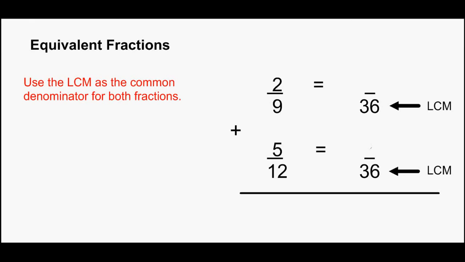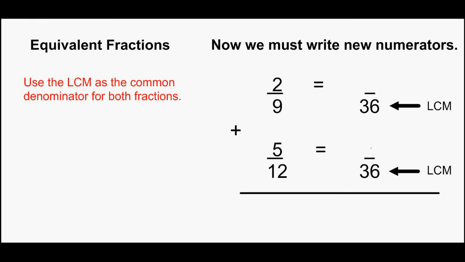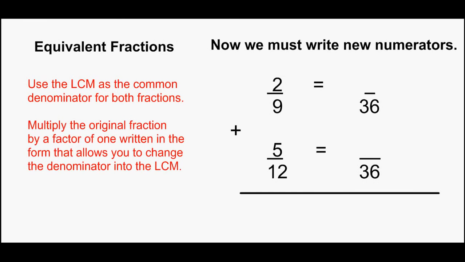Now, we will need to rewrite our fractions using new numerators so they have the same value as the original fraction, but they use the LCM for their denominator. To do so, we're going to multiply by a factor of 1, written in the form that allows us to change the denominator into the LCM.